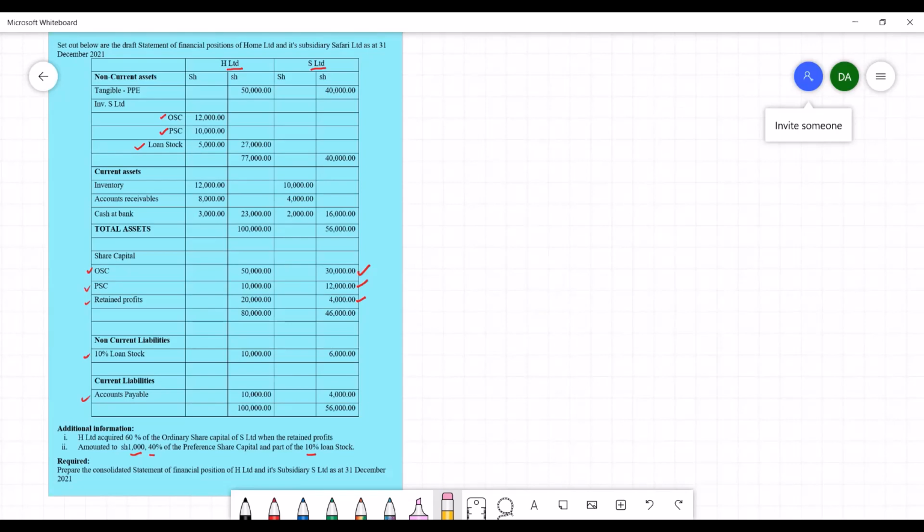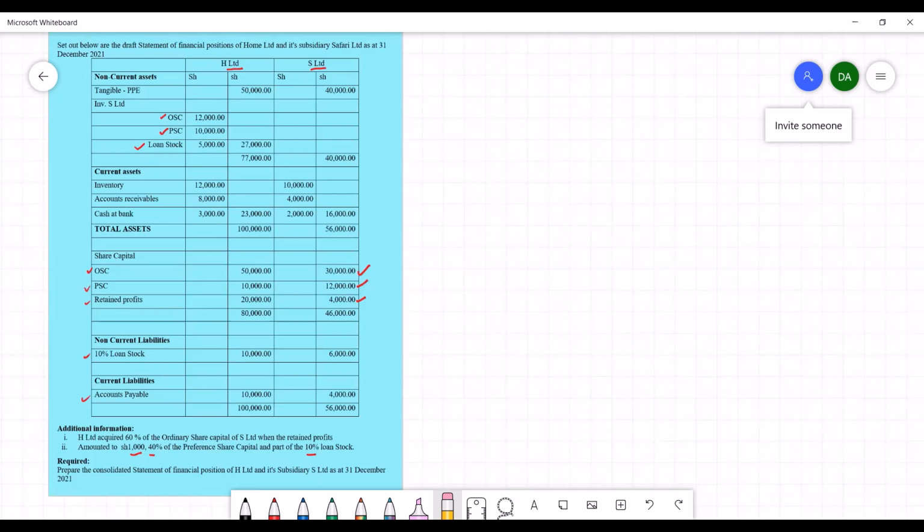We are required to prepare a consolidated statement of financial position of H Limited and its subsidiary S Limited on 31st December 2021. For us to answer that question, we must first prepare some adjustment. And the first adjustment we want to start with is what is known as cost of control account.